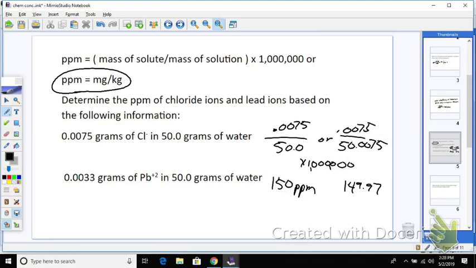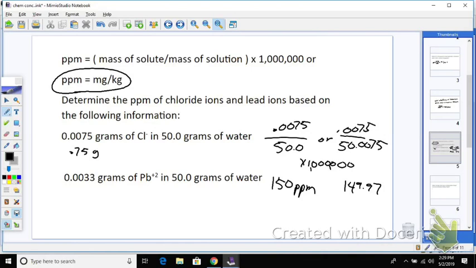When you do these, you do not have to add in the 0.0075. Now, if this is bigger, like 0.75 grams, do you think the answer is going to change very much if we add it in? It will. So then it would be 0.75 divided by 50.75, and there would probably be more difference between them.